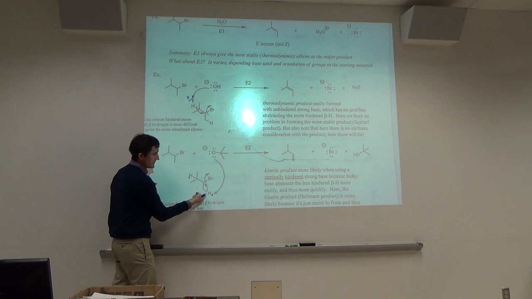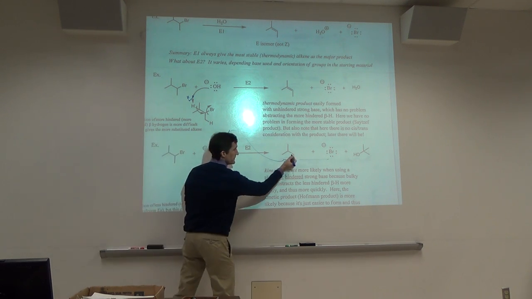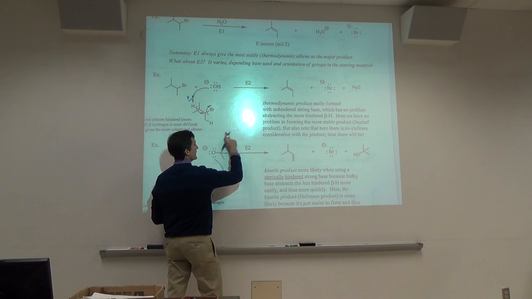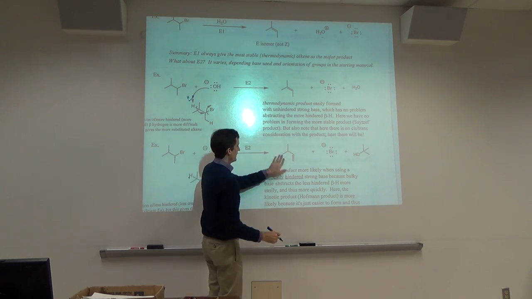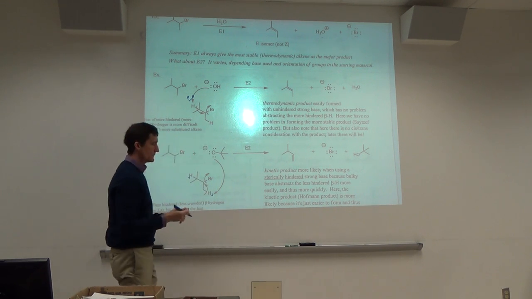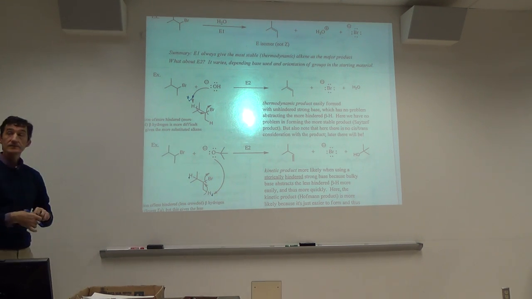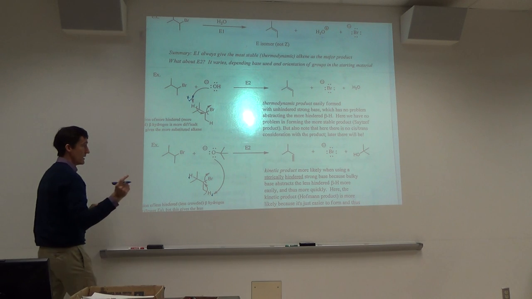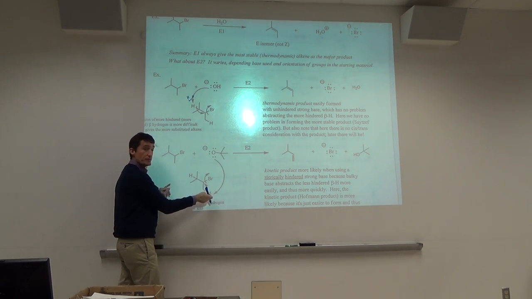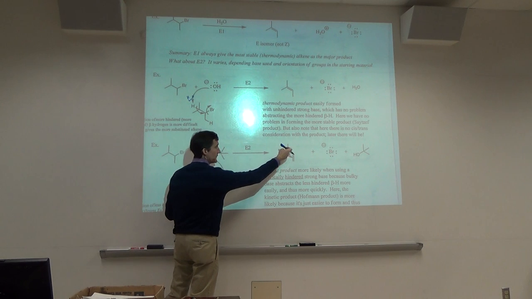But if you take that one, you're putting the double bond in down here, and you get not the Zaitsev product, not the thermodynamic product. What's the name for this product? It is the kinetic product. Kinetic means rate. This is going to take this H faster because it can get to it quicker. So that's why this is sometimes called the kinetic product.